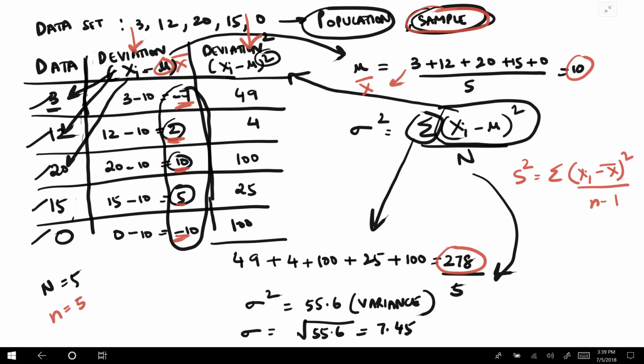So n minus 1 becomes 4 for sample. So for sample, 278 divided by 4 is going to give us 69.5. So that's our sample variance.